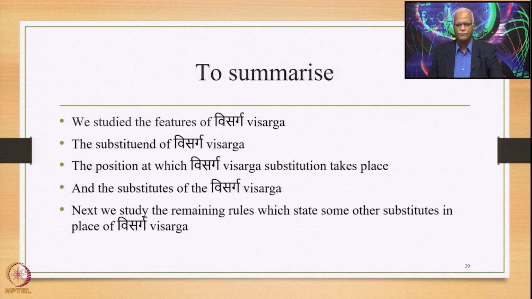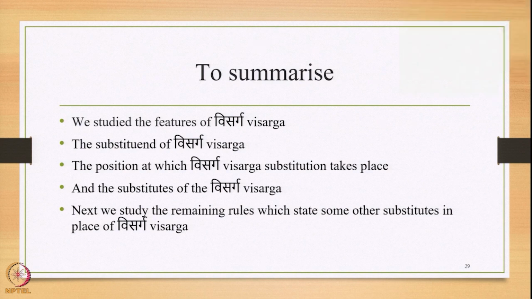To summarize, we first of all studied the features of Visarga. We also stated that Visarga is in fact a substitute, and the substituent is Ra coming at the end of a pada. The position at which Visarga substitution takes place is very important.